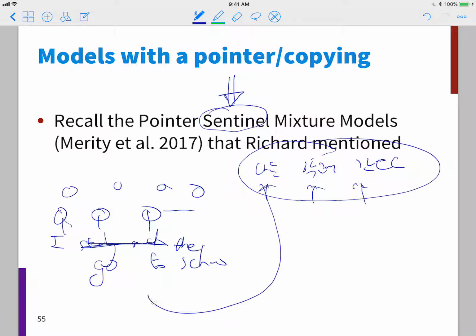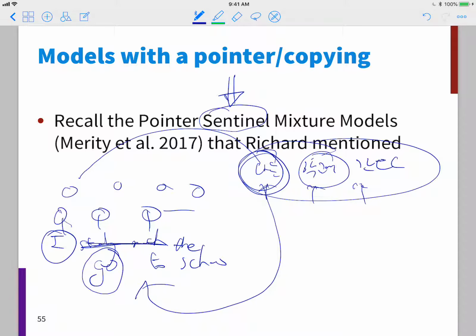Let's think about the example, 나는 학교에 간다, translated into English. When generating "I", we will attend to this one, and when generating "go", we will attend to this one, and in the case of "to", it should be generated too.